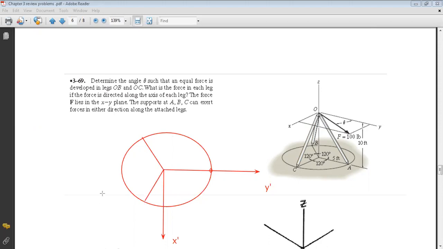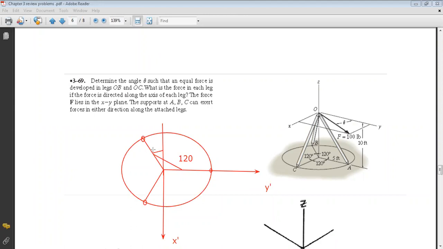Here in this figure, you can easily find the projections because this whole angle is 180, this is 120 degrees, and this is 90. So what will this angle here be? This is 30 degrees.